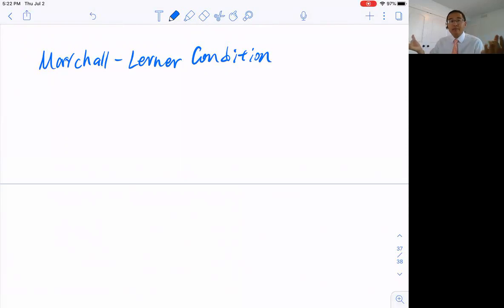But if they add up to less than 1, then it will actually backfire and make your trade balance even worse. Of course, if it equals 1, then it doesn't change. Okay, so essentially, sorry, I just realized it's not Marchall, it's Marshall.